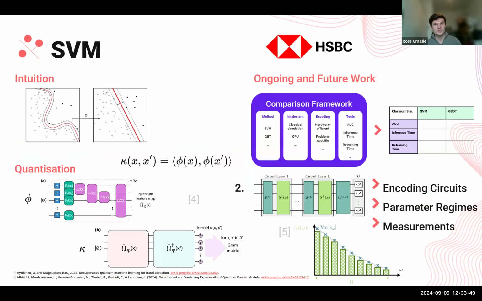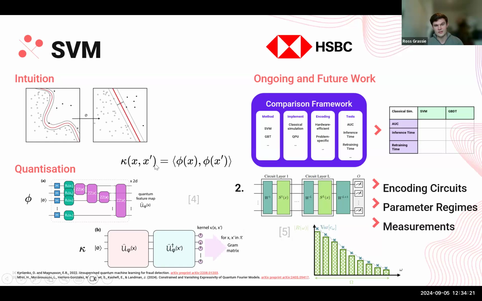So the support vector machine solution already kind of existed within HSBC when we started this project. And from classical machine learning, the intuition is that if we have our transaction data in some space where it's very difficult to find the fraudulent ones against the non-fraudulent cases, all we want to do is map the data into a new space where defining this decision boundary is much easier.